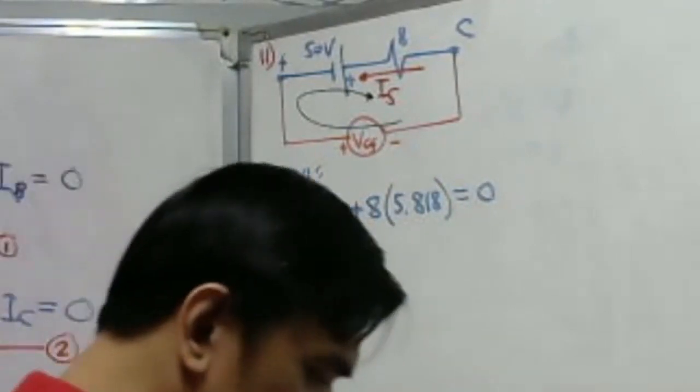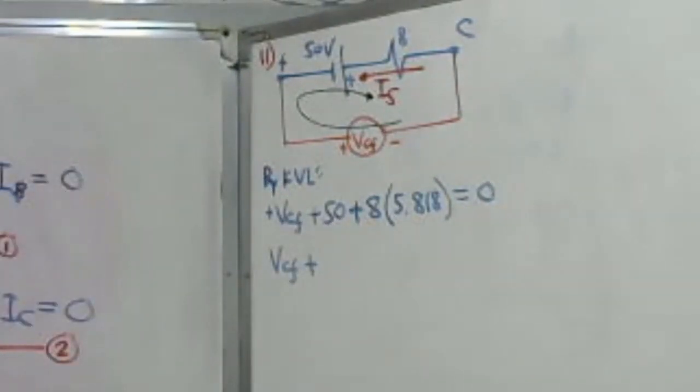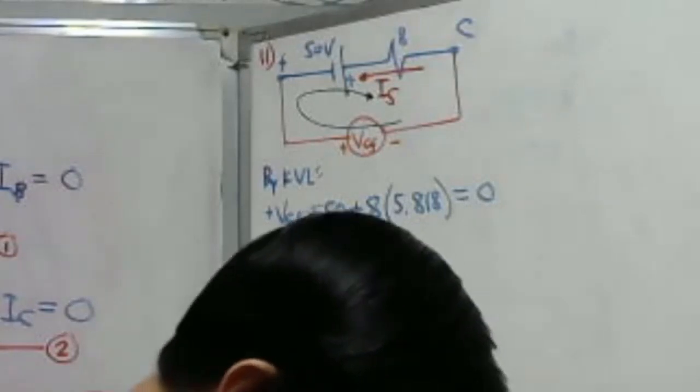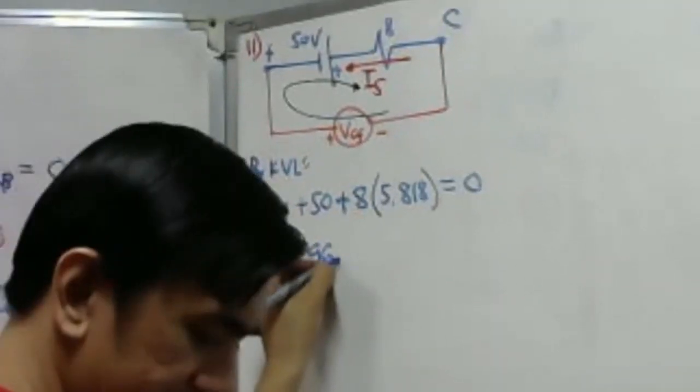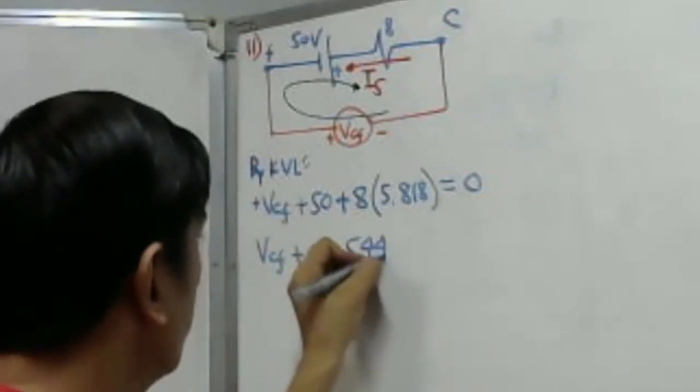So we just have to add this. So 50 plus 8 times 5.818 equals, my answer here is 96.544. That's equal to 0.